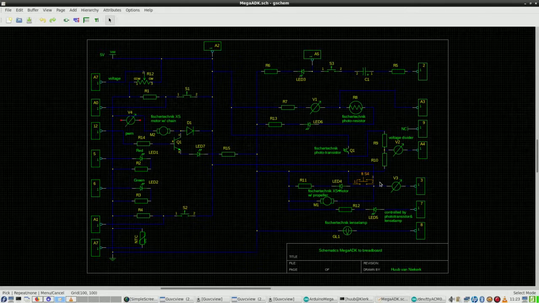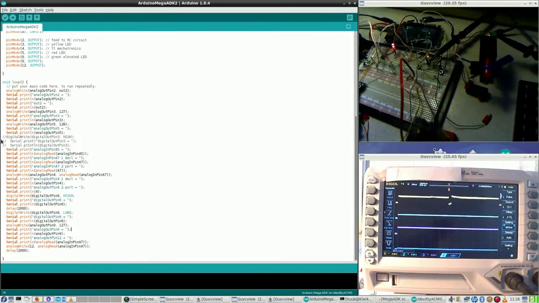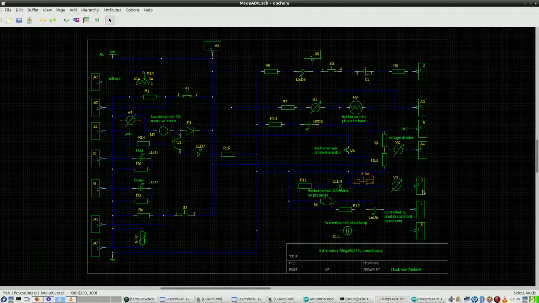Idea is nice, working not so nice. How to solve it? Alright, about this motor. Well, it has the same feed as this LED, which is coming from pin 3, right here.